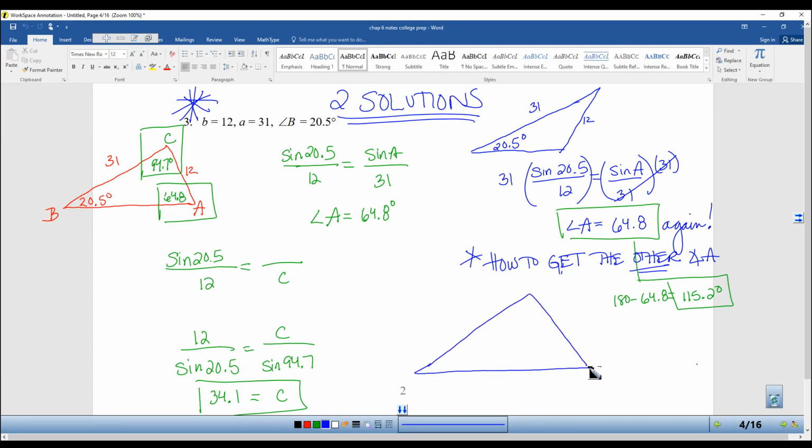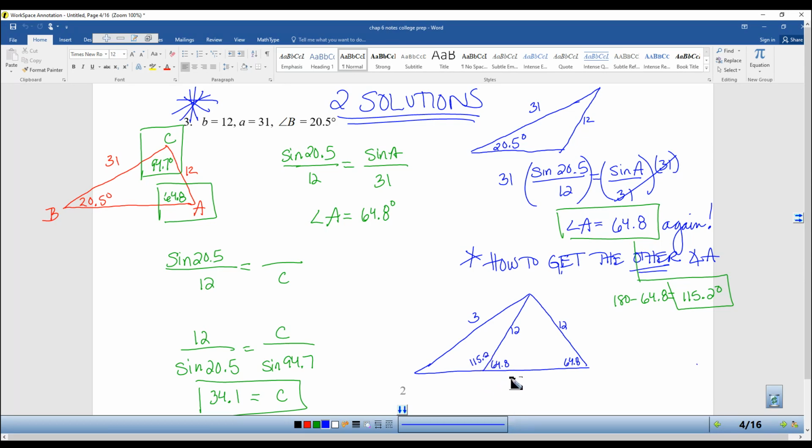So we have this as 12, 31, and this angle is 64.8. So if I draw the 12 in this direction, you see how that looks like isosceles? That means that this is also 64.8. And because these two angles are supplementary, this one is 115.2. In the end, how did I get that?